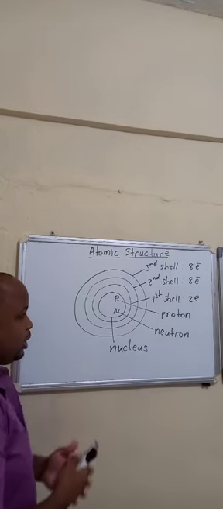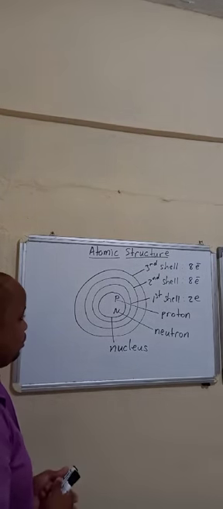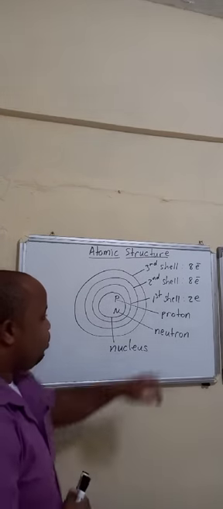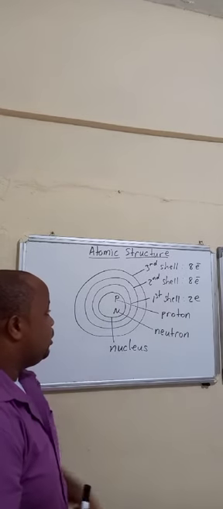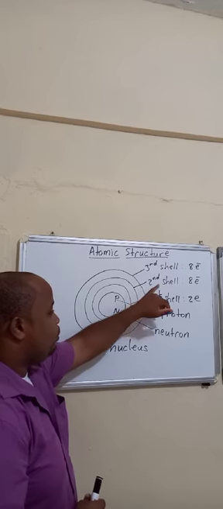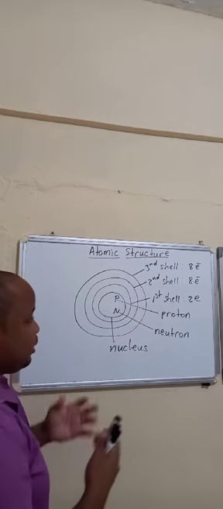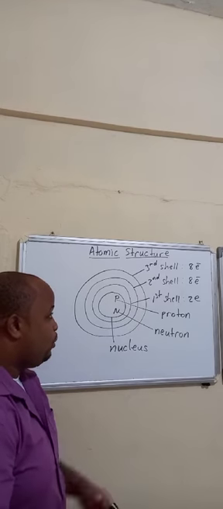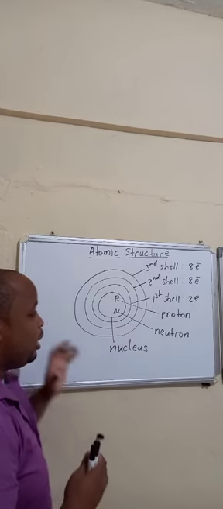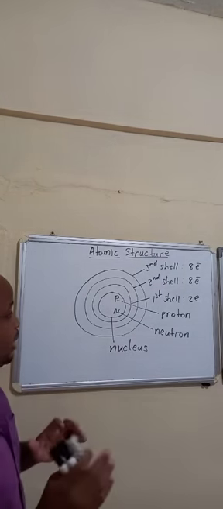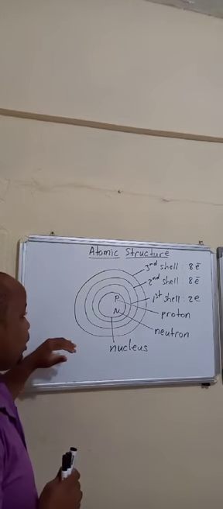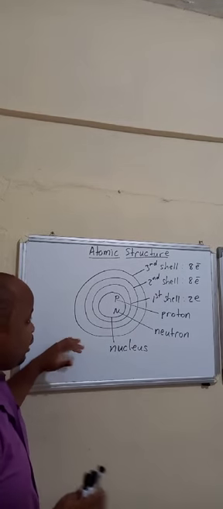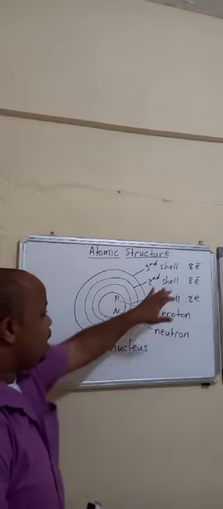Now each shell can hold a certain amount. The first shell will hold 2 electrons, the second shell will hold 8. For the third shell, we are going to use 8. It can hold 18, but for this level and for the CSEC exam, we are using 8.